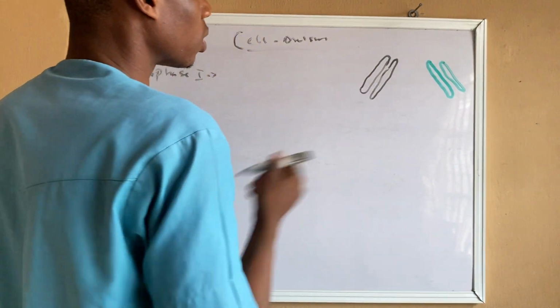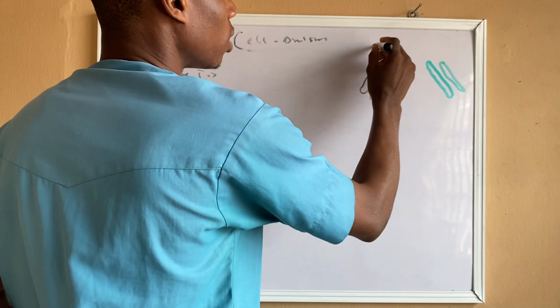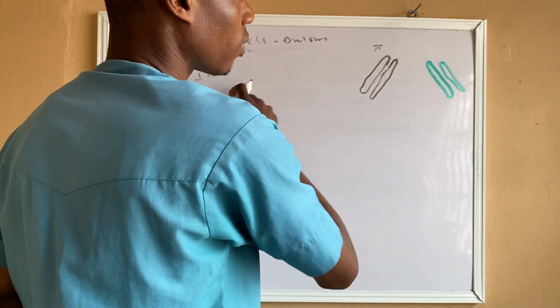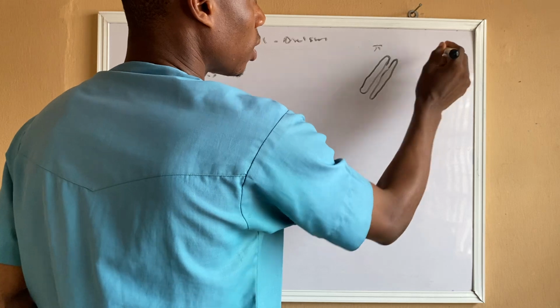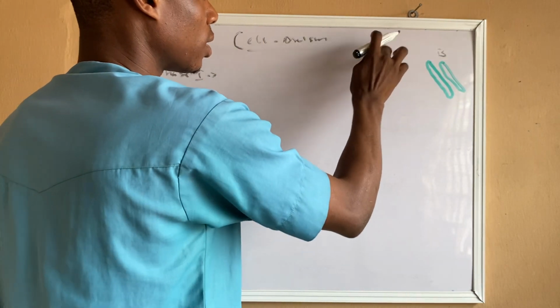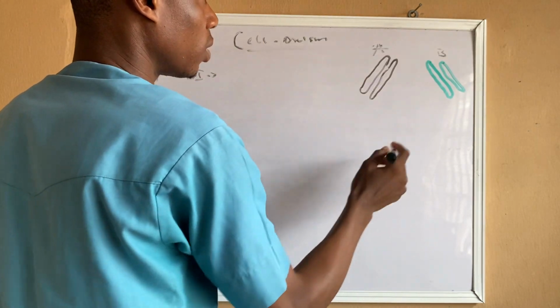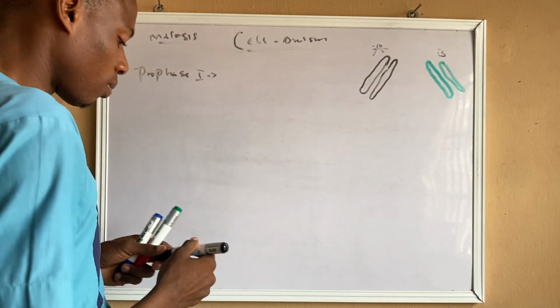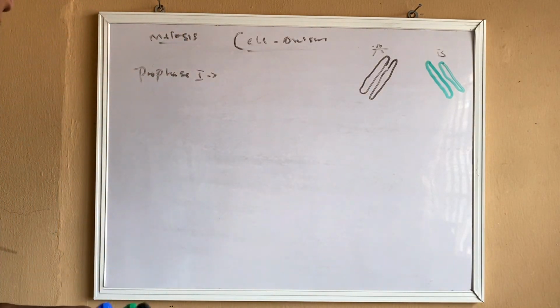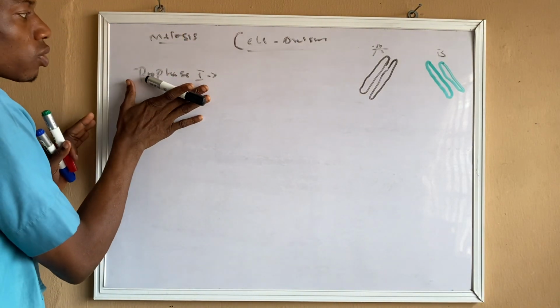Let us now call this one A, just as we have done before, and this is B. Right? A for father or male, and B for the mother. Right? Okay. Now let's come back to the Prophase.